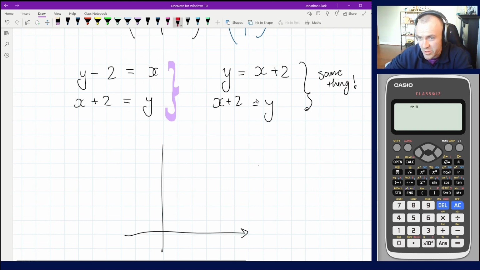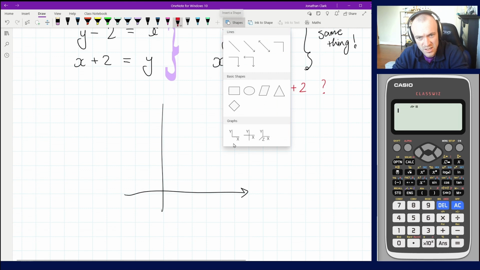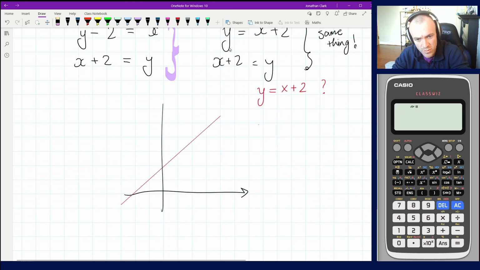So what we end up with is the line y equals x plus 2. What does this mean? Essentially it's saying you started with a coordinate that was on the line y equals x plus 2, and you did these two procedures.